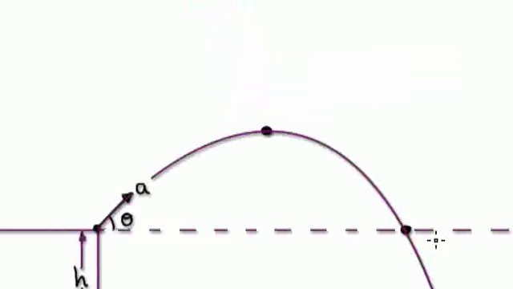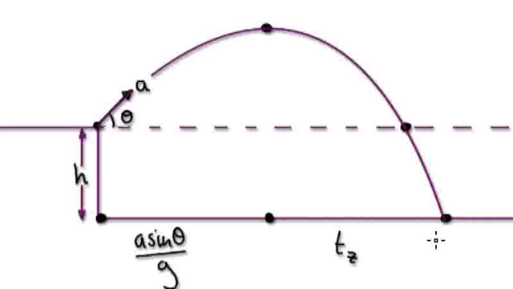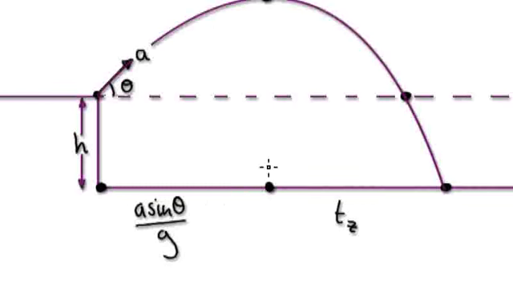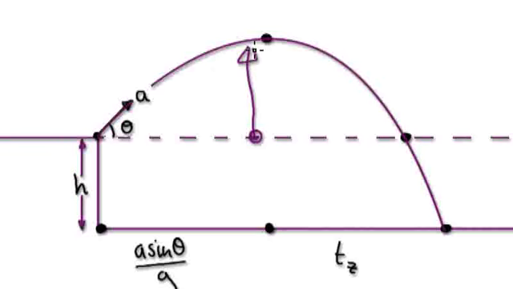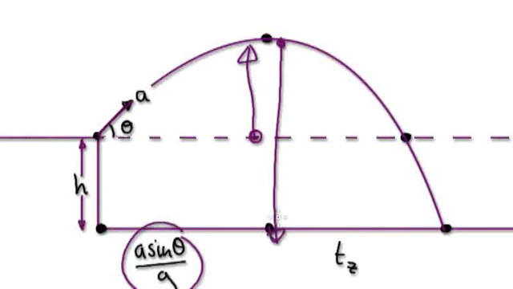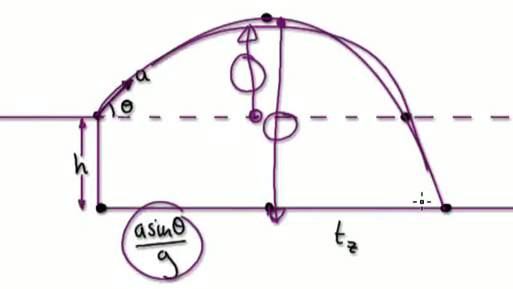Now that you know the total flight time, the time it takes to get to the maximum height, from here to here, is given by this. This is the time it takes to get to maximum height, and this is the time it takes to free fall. Then basically you add this and this together. That will give you the total flight time.